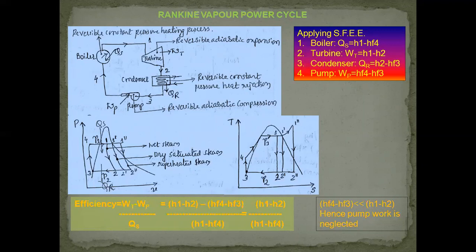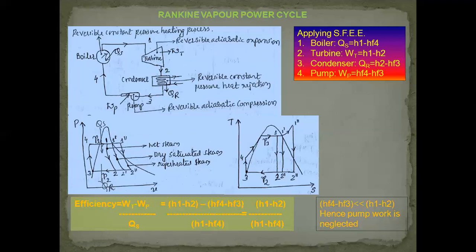As said, the most preferred state is 1 double dash, and the preferred expansion is 1 double dash to 2 double dash. However, in the diagram, it is indicated only for reference as 1 to 2, which is a reversible adiabatic expansion process, or the isentropic expansion process.